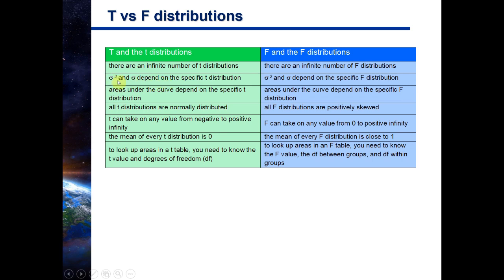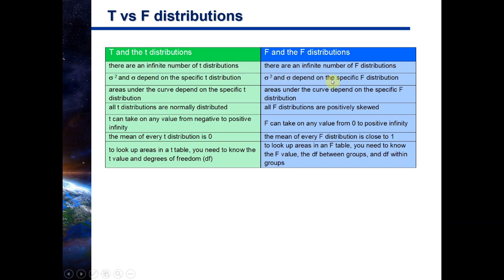So the variance and standard deviation are always changing. You need to look up degrees of freedom, use that in a table or in an app online, and then you can get areas under the curve and critical values.